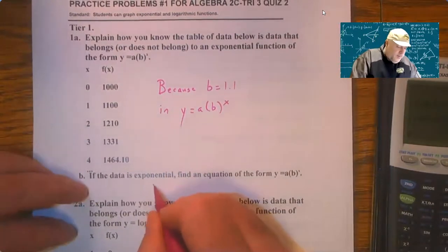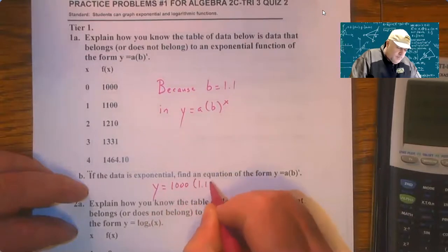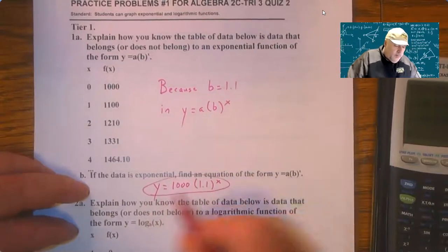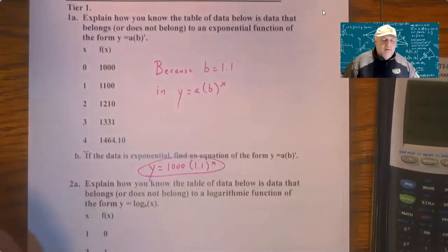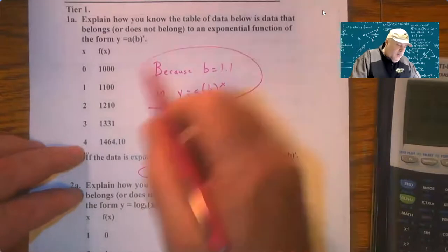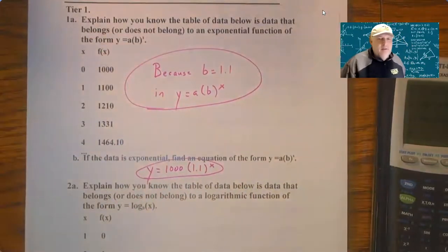And then, of course, a is going to be 1000. So the original amount, as we did a little bit of in the last quiz, is this value that's sitting in front there. So you can graph it, you can look at the table, but that's the check that you have to do.